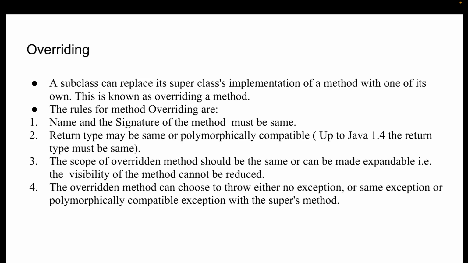And the third point: the scope of the overridden method should be the same or can be made expandable. That is, the visibility of the method cannot be reduced. This means that we have seen access specifiers or access modifiers, right? When I say access modifiers, we have talked about private, protected, default, and public.